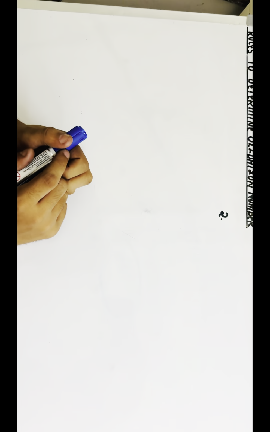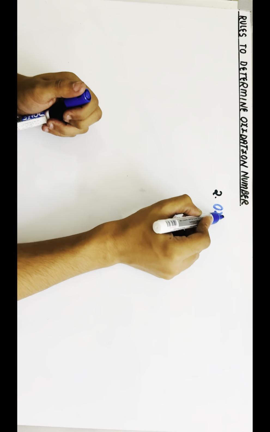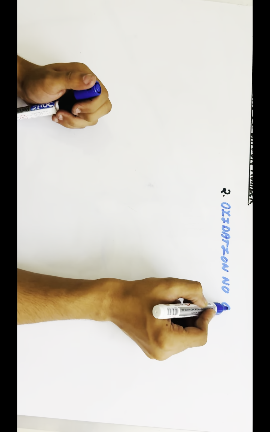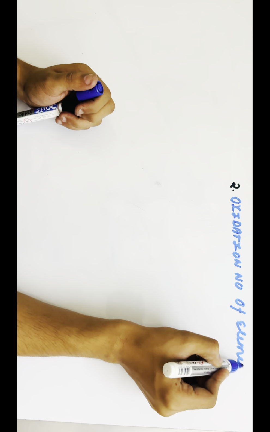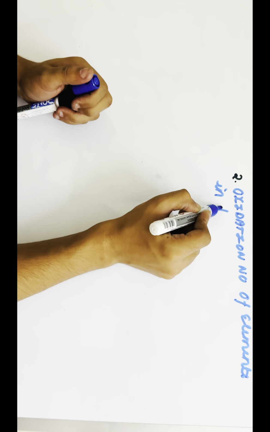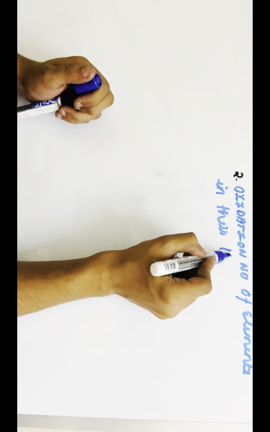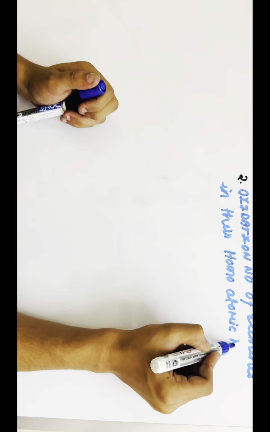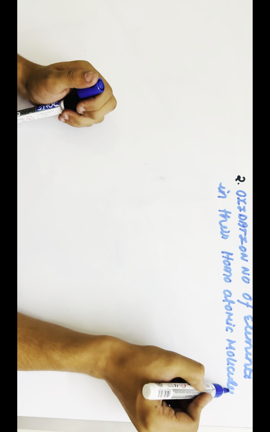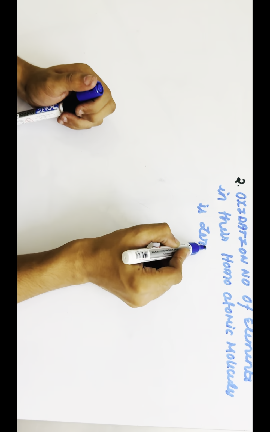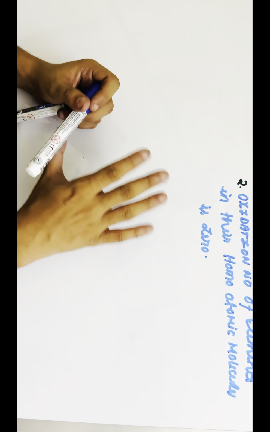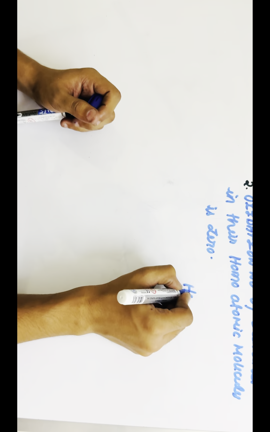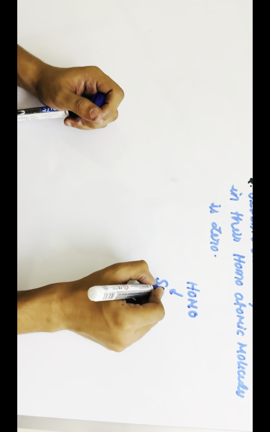Now our second rule is this. Oxidation number of elements in their homoatomic molecules is 0. Now read the statement by yourself. If you know the meaning of homo, homo means same.